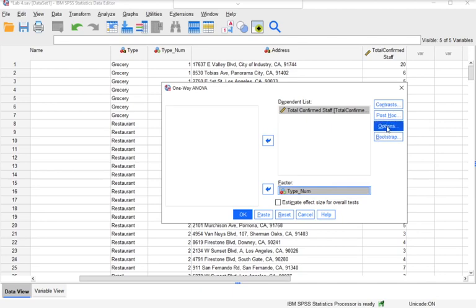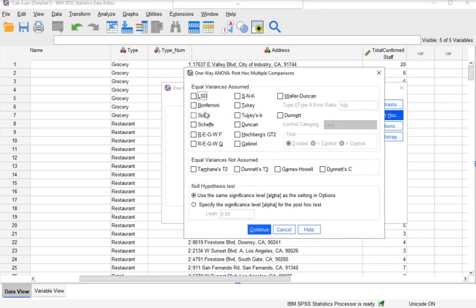And then I want to look at post hoc, and Tukey is a very common post hoc test. So what the post hoc tests are doing, so remember, if we find that we reject our null hypothesis, all we know is that one of the means is different.